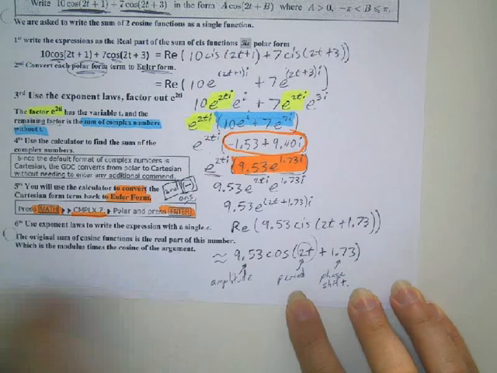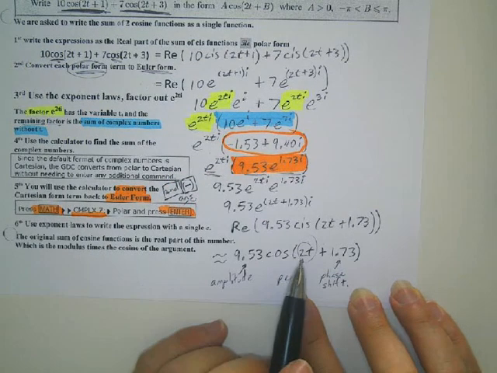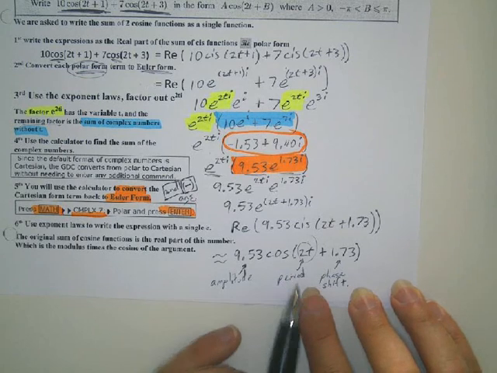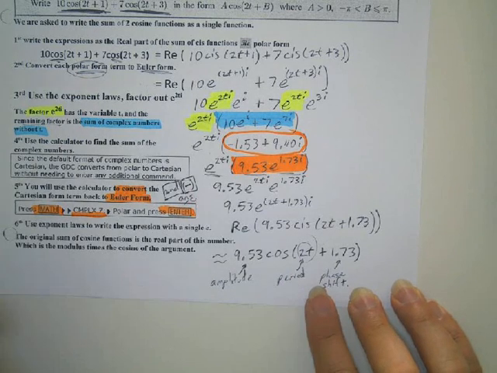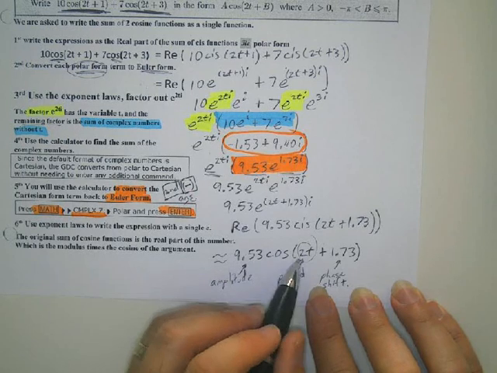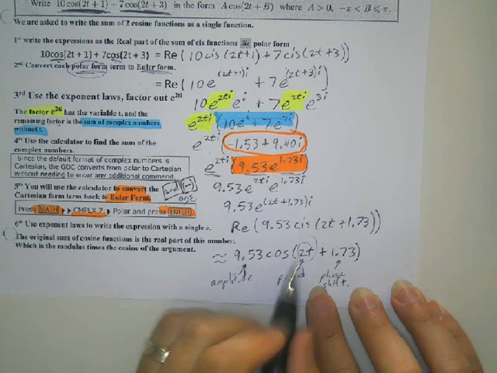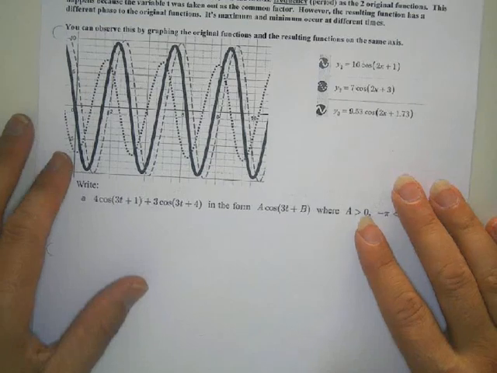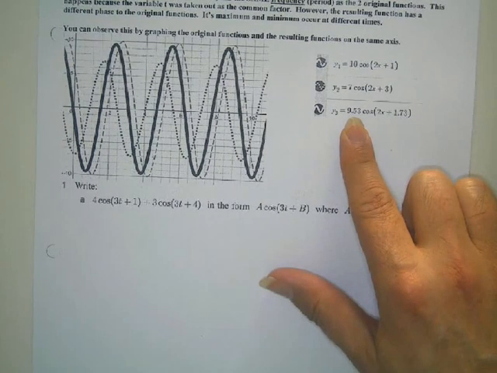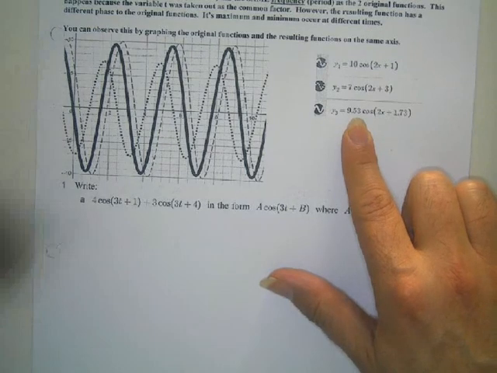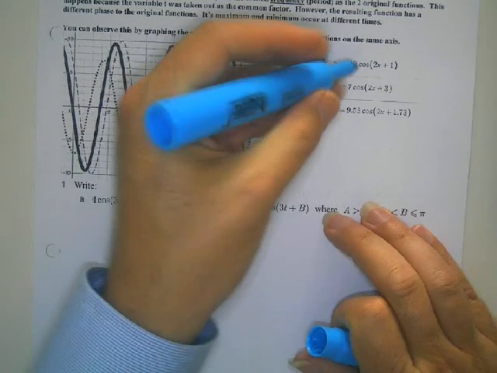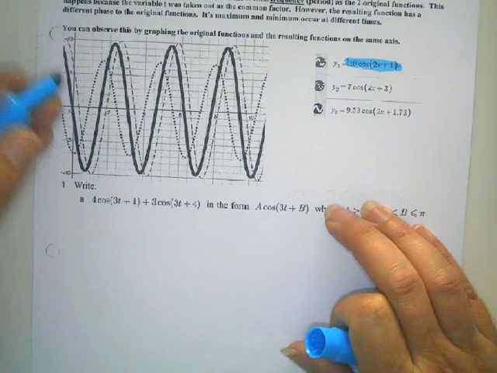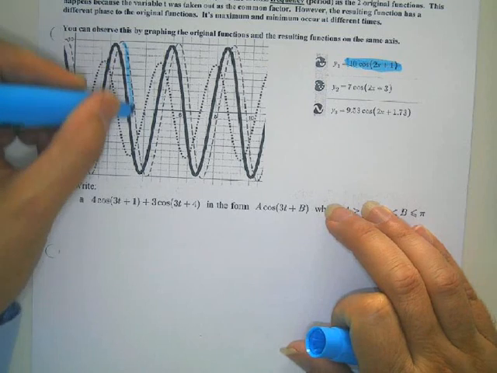Now, in this course, we're only going to be adding waves that have the same period. There are going to be no examples or problems where the periods will be different for the waves. Okay, so here's what the graph looks like. Our 9.53 is this dark black wave here. Our first wave here is the one that goes really high and really low.